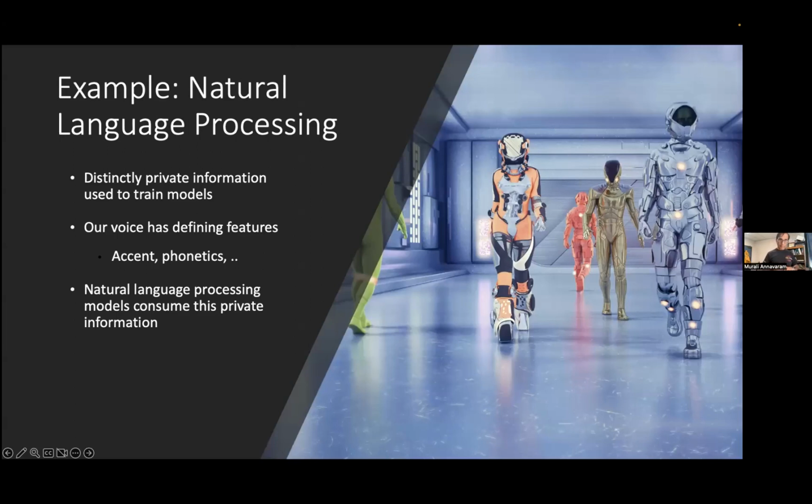Basically, we picked some natural language processing models, not necessarily large language models, for this particular work. Why? Well, NLP has a lot of private information, right? Like voice and our own writing and text and all of it. So we wanted to use this as a driver to see what these systems provide.